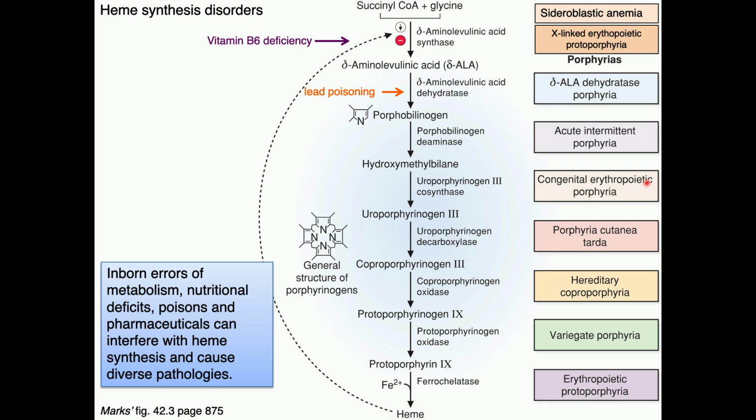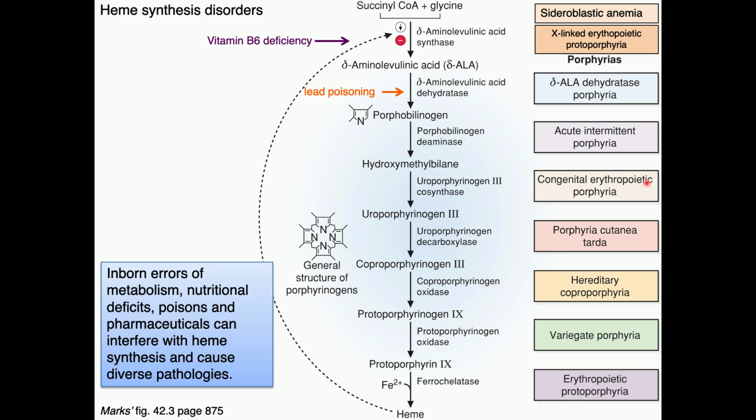Okay, so I'll talk about disorders of heme synthesis, and there are a couple. Well, there's a nutritional deficit that we talked about with the vitamin B6 deficiency causing anemia because of its importance in aminolevulinic acid synthase activity. There's also a toxin exposure aspect.